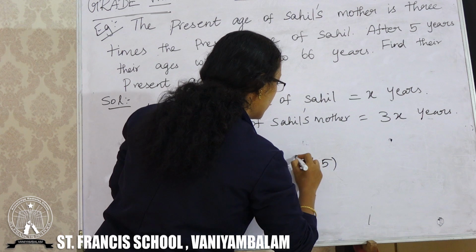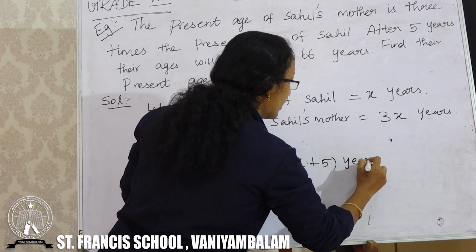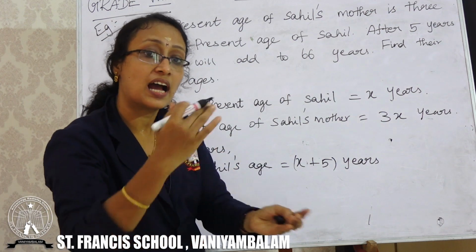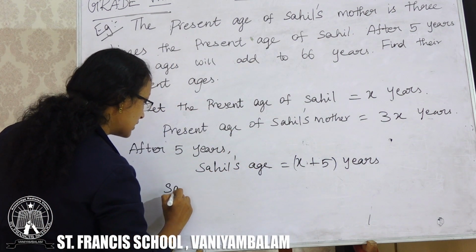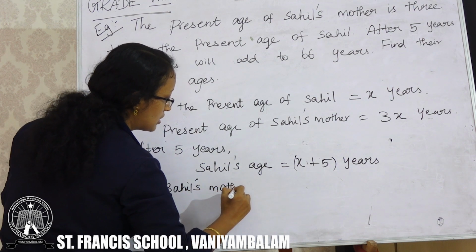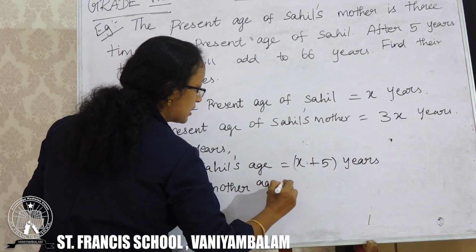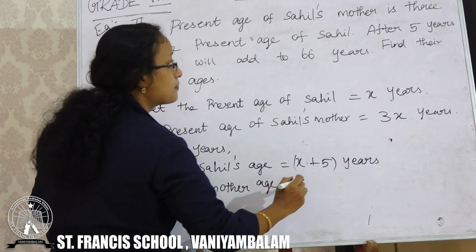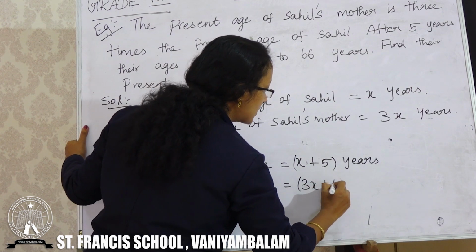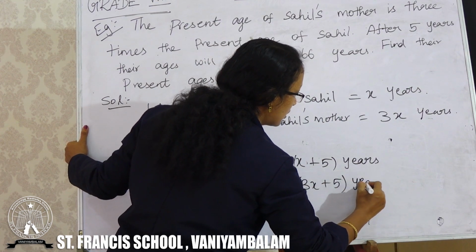X plus 5 years. Always write the units. Next, what will be the mother's age after 5 years? Sahil's mother's age after 5 years is 3x plus 5 years.